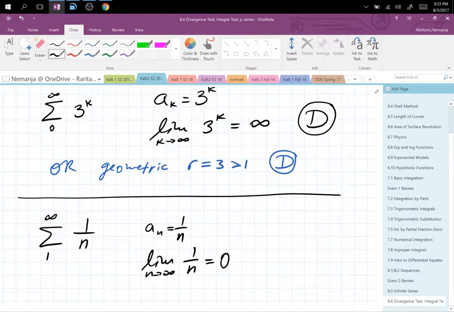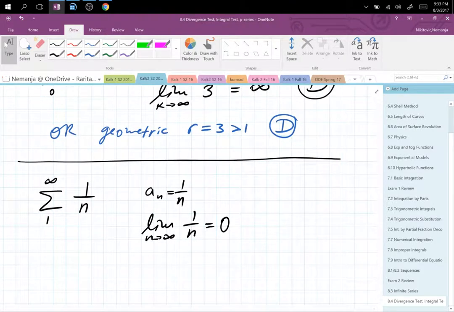Nope. It's not convergent. It is divergent. But our test says that if it's not 0, it diverges. So this is where you write in big letters: test is inconclusive. You cannot use this test on this problem. Such is life.